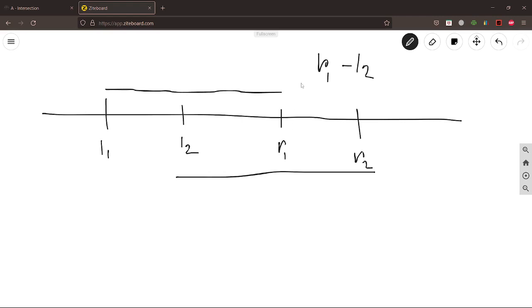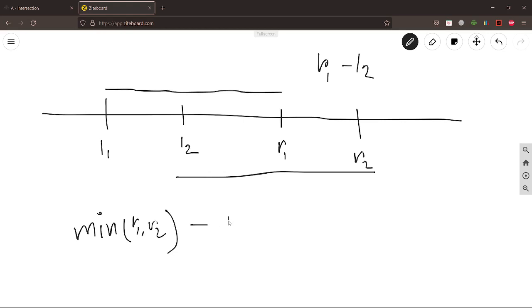So what is R1? R1 is the minimum of the ending points of the two ranges, that is R1 and R2. And what is L2?